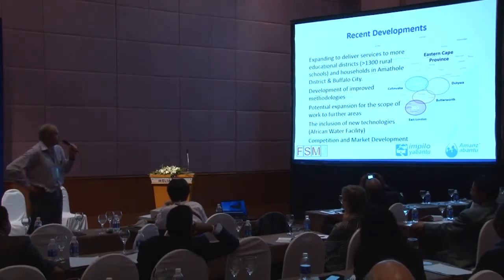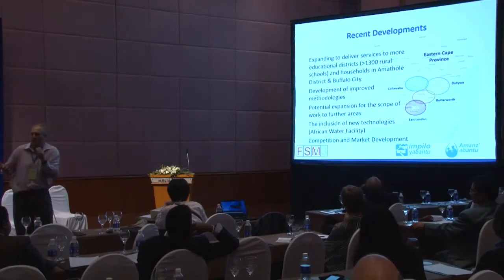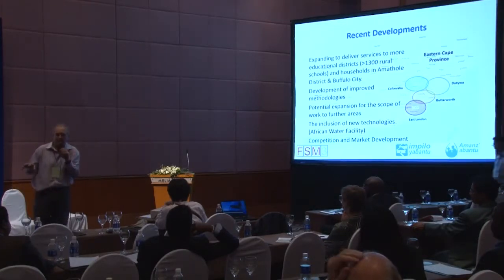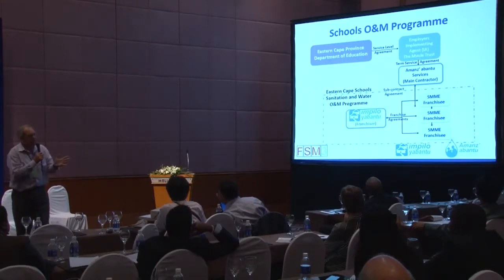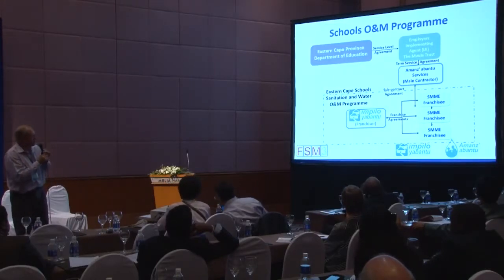We entered into a contract with the Department of Water Affairs in South Africa, where they extended our contract to give us 1,300 odd schools in 4 districts to service, and that gave us a good baseline to go out on a programmatic basis, and we have now trained up 22 franchisees to do that work.